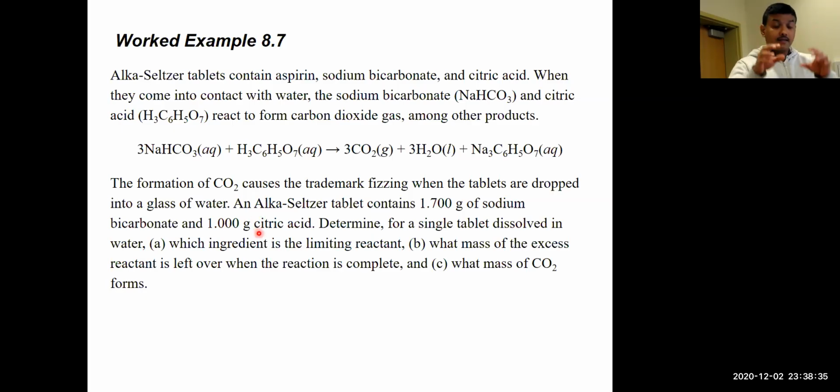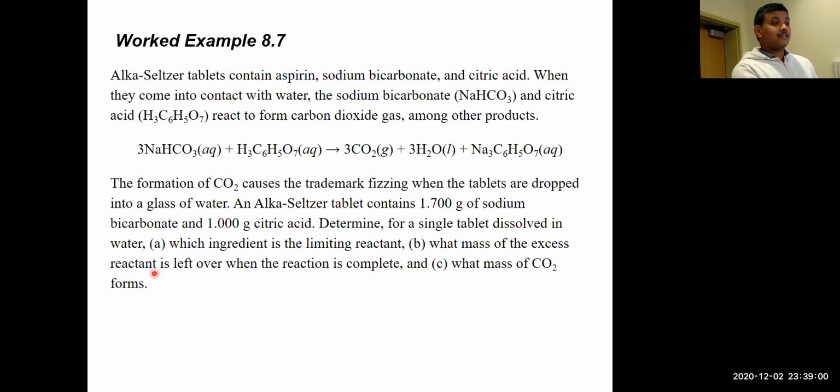This is the classic question where you are required to identify limiting and excess reactants even before you start trying to answer any other parts of the question. And here, clearly, lucky day, the question is clearly asking what you need to do because it is the first problem. So which ingredient is the limiting reactant?